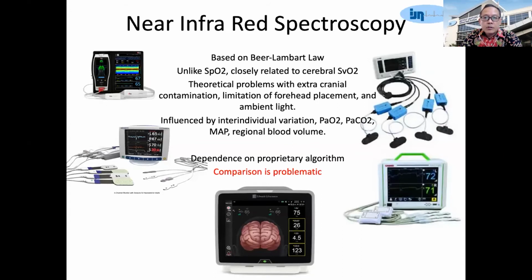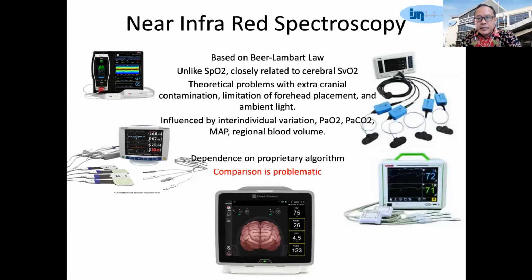Their cerebral oximetry reading is very much reflective of the cerebral venous oxygen saturation, because of the positioning of the probes at the frontal lobe. Therefore, it represents an area of about 5 cubic millimeters in the frontal lobe of the brain.